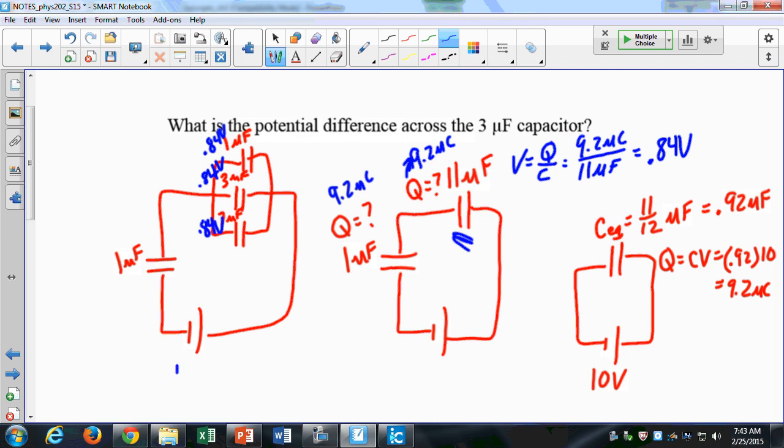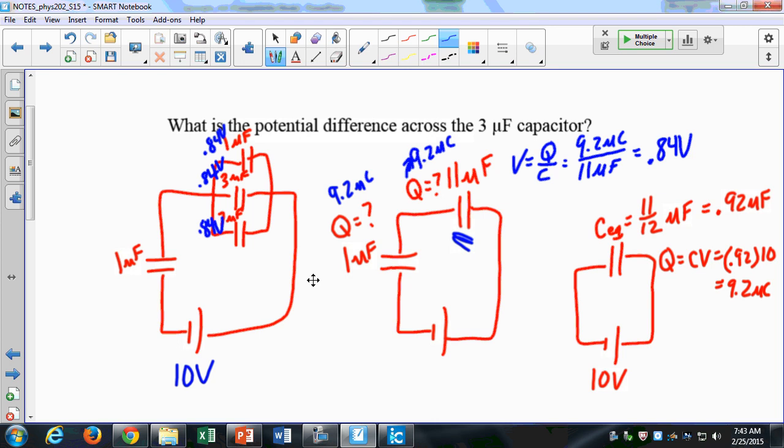By the way, if I have 10 volts here, what is the voltage across the 1 microfarad capacitor? Not 10 volts, no. If I have 0.84 volts here, 10 volts here, what is my voltage here? Oh, 5.2. No, not 5.2.